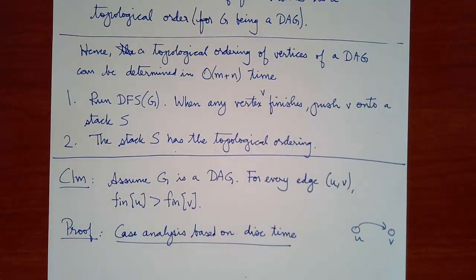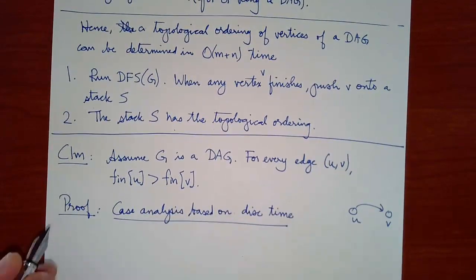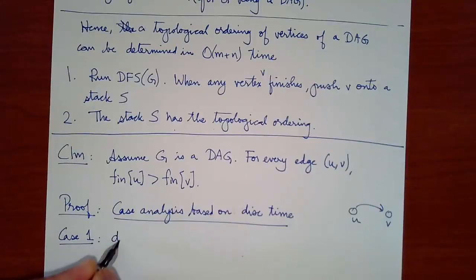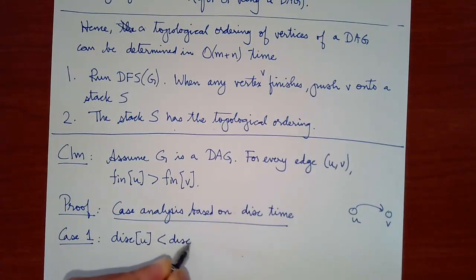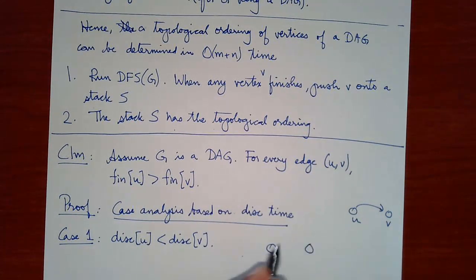So case 1 is that the discovery time of U is less than the discovery time of V. So U is discovered first. I'm just going to draw this picture here. U, V, U is discovered. Okay, so what's the proof?